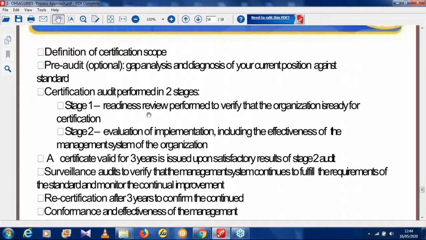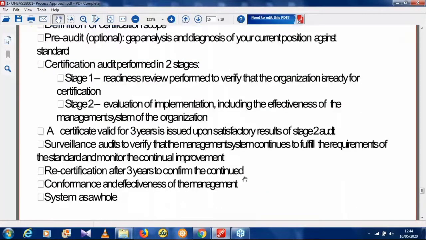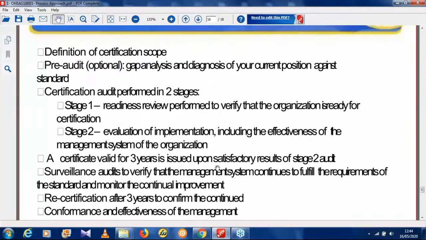Then we have surveillance audit, done to verify the management system, and then the recertification after 3 years to confirm it. Then we have a conformance and effectiveness assessment of the management, carried out on the system as a whole. All right, so these are the processes for that.